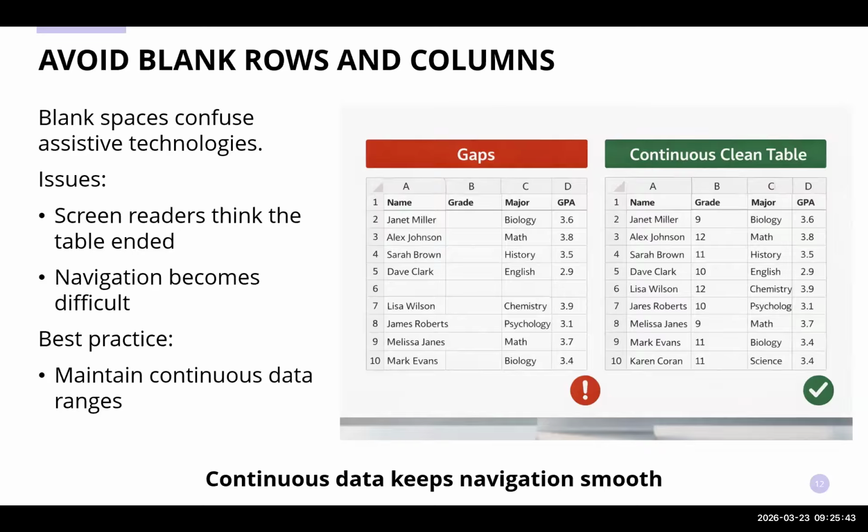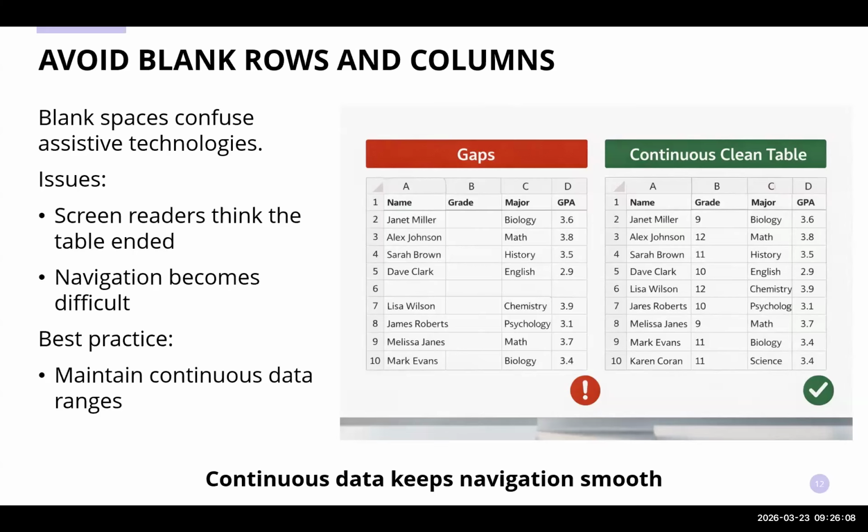Also, when a screen reader user navigates to the cell where the title is, it will read out that the title is from A1 to I1. So it makes sure the user knows that there is data there, gives appropriate information to the user, and does not confuse them at all.